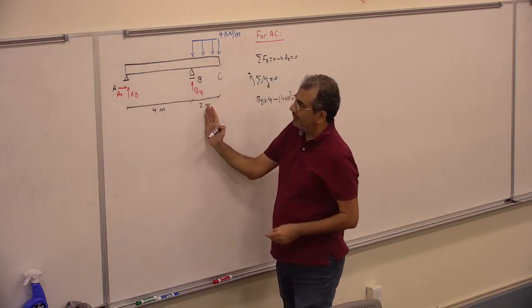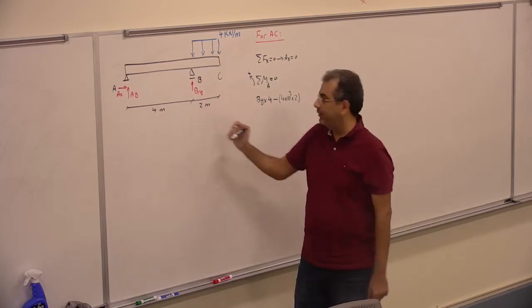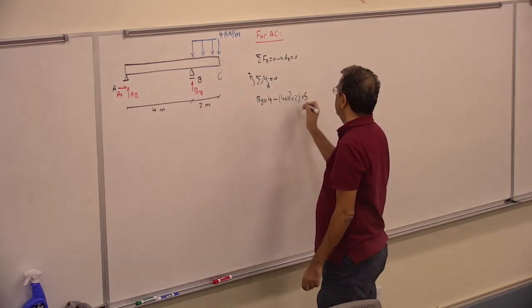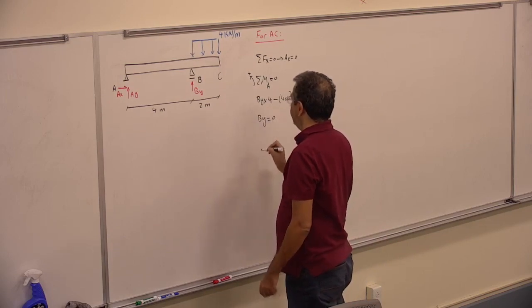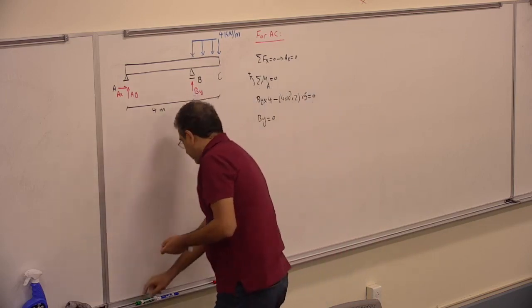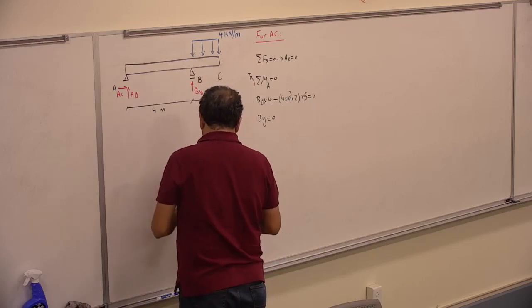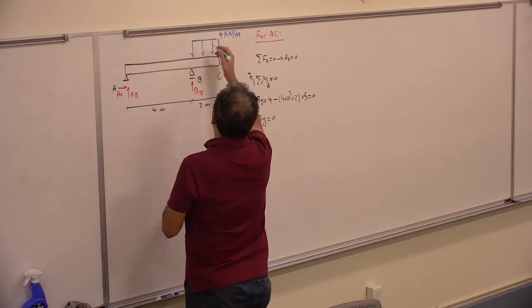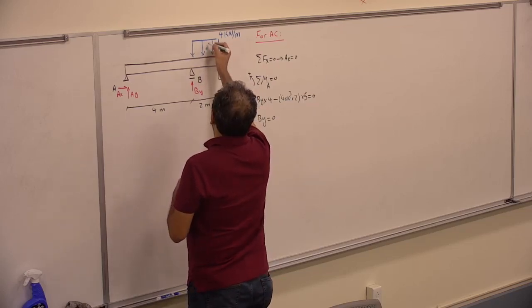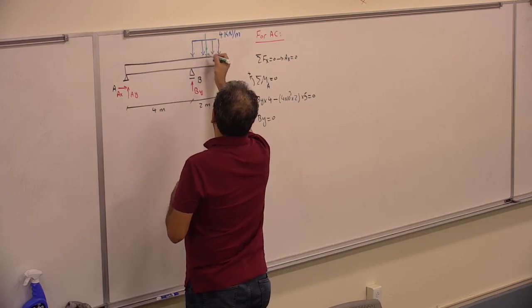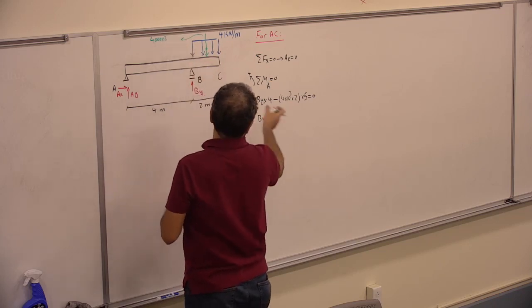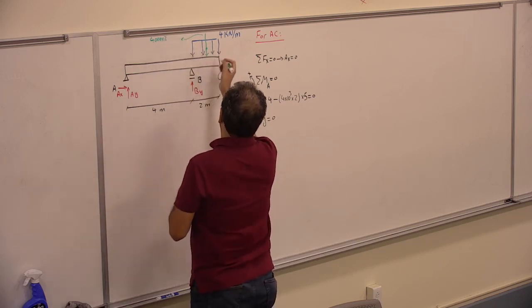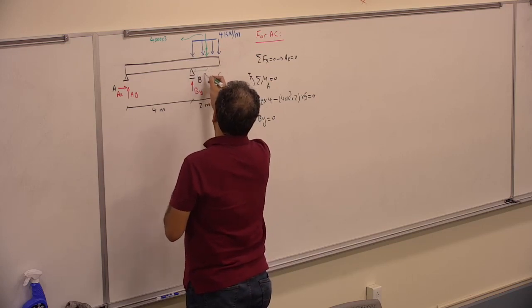And the distance is going to be 4 plus 1. Gives you a BY. I'm just going to do this part a little bit quicker so you can get to the actual force. So that's the force there. So that is 4,000 times 2, and this distance is 1.